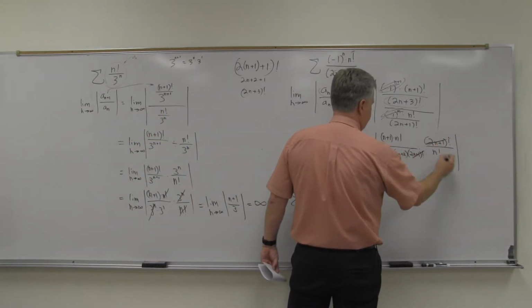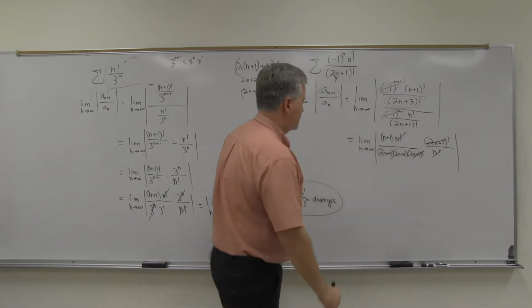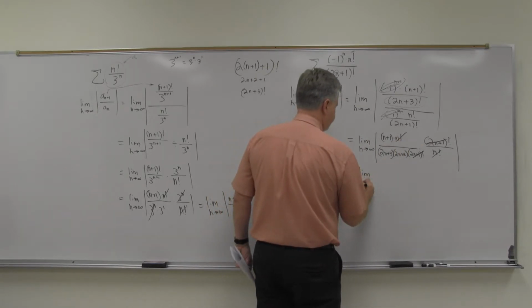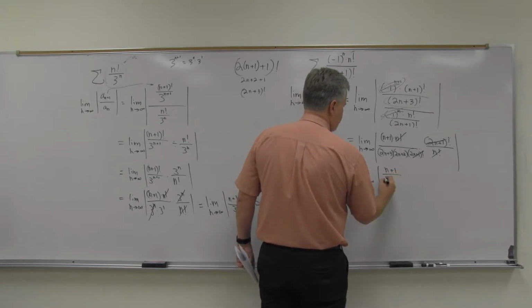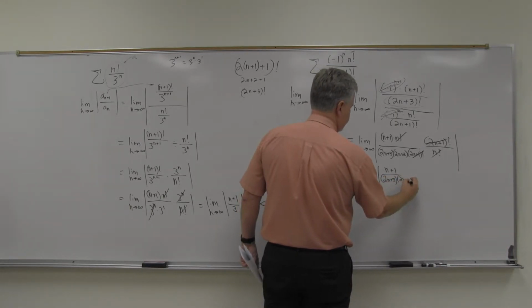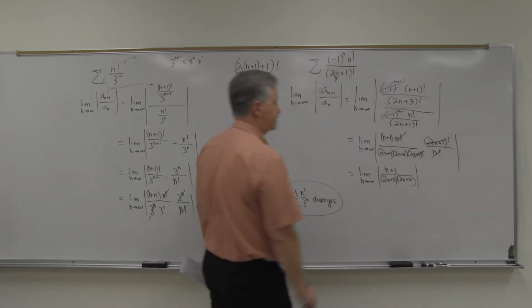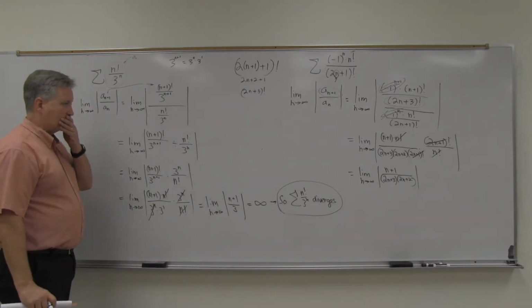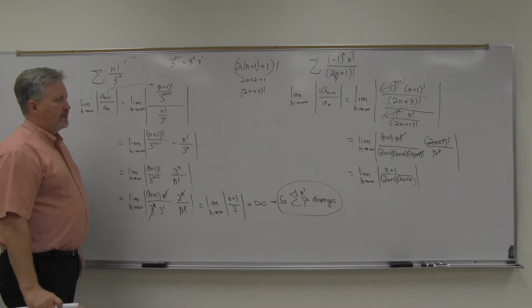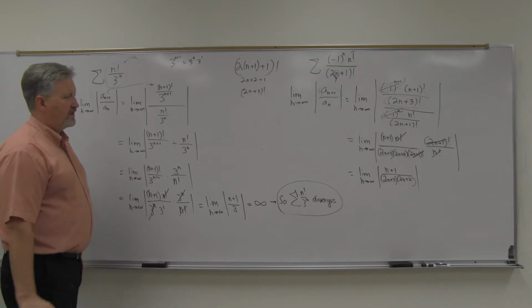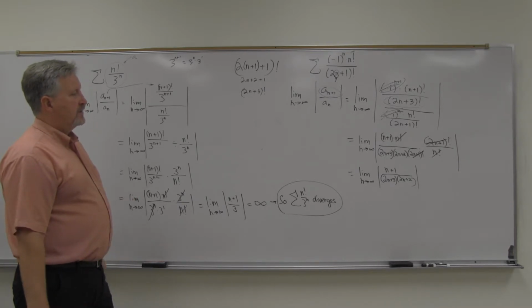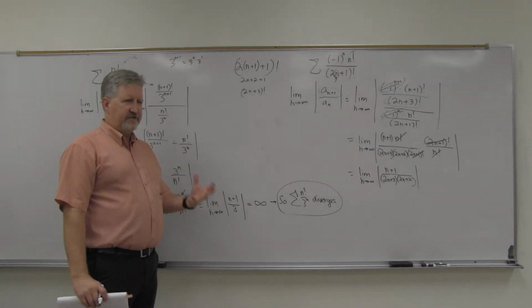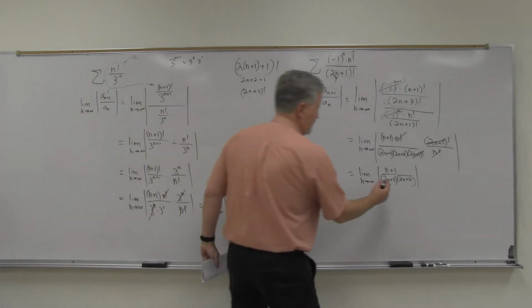So let's cancel. The factorials cancel. That leaves me with n plus 1 on top, and 2n plus 3 times 2n plus 2 on the bottom. There are several ways we could go at this one, but to follow procedures we previously talked about, let's go ahead and multiply these out.